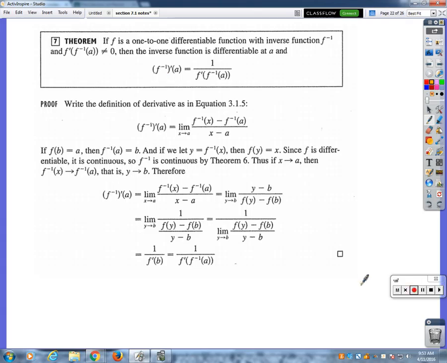We'll do an example here in a minute. And then here's a little proof if you want to brush up on your limits. This is the derivative of the inverse at a particular point.